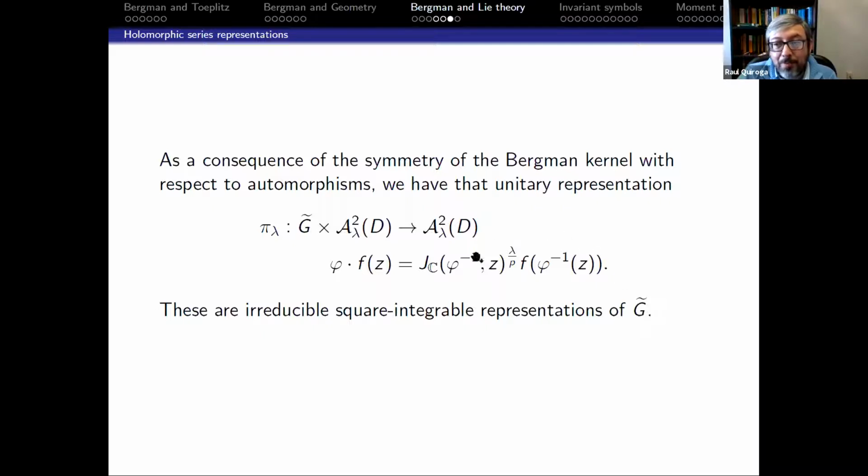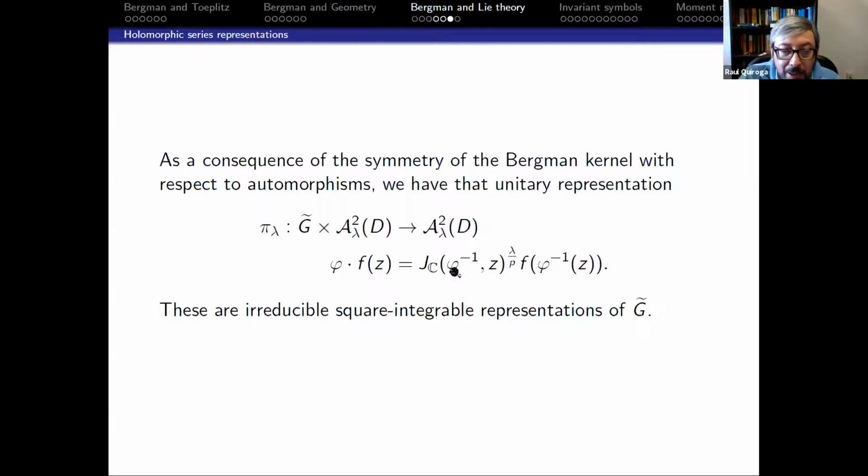Otherwise, I'm in trouble. So what you do here is really complex variable one. Look for a holomorphic branch of this power. In order to do that, you need simply connected domains. Otherwise, you're in trouble. D domains are always simply connected, so that's fine.